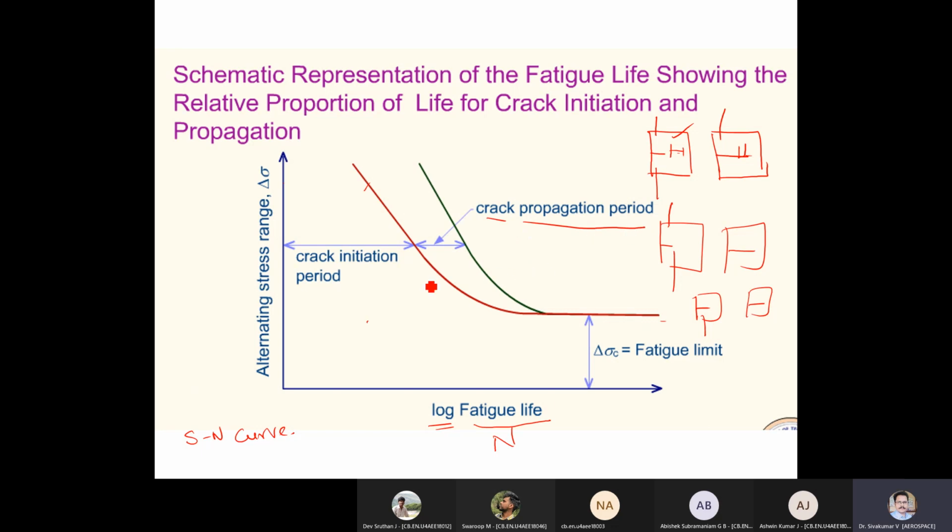Indirectly we have calculated this crack initiation period. Now there are two cracks. One is this length, this is another length. So this is L, this is L plus del. So L and L plus del.